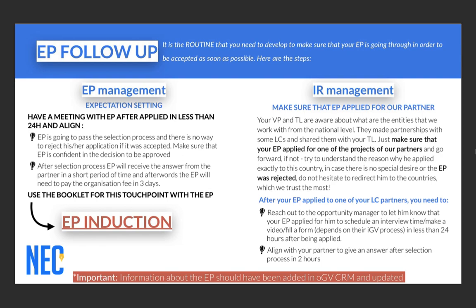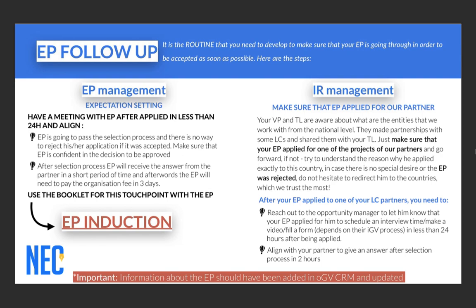Sometimes it can be just a video, just a form, even a challenge, or sometimes just an interview. In less than 24 hours this interview or selection process needs to be provided to the EP, and align with your partner to give an answer after the selection process in 2 hours.